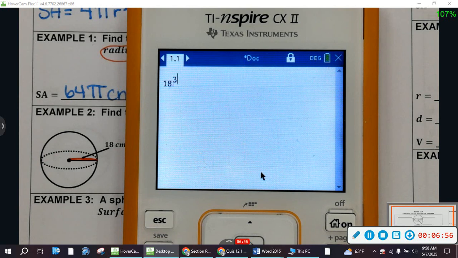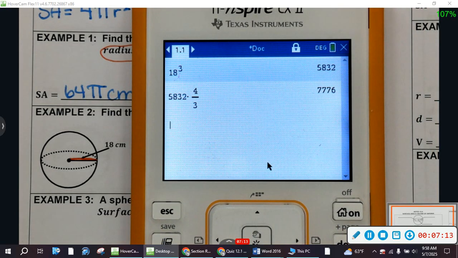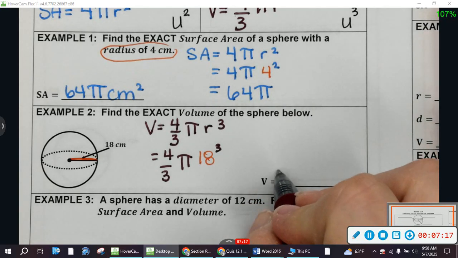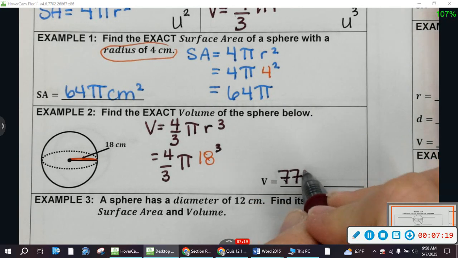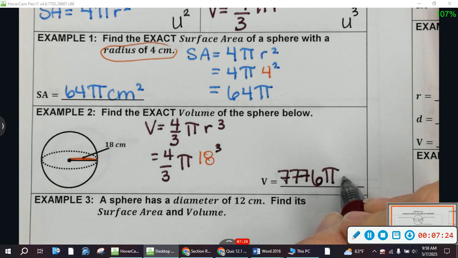So we're going to cube 18, and we need to times that by 4/3. Hit enter. And we end up with a volume of 7,776 pi centimeters cubed.